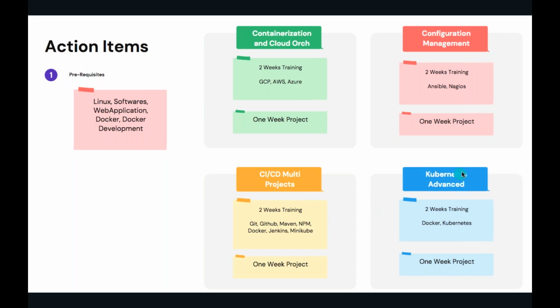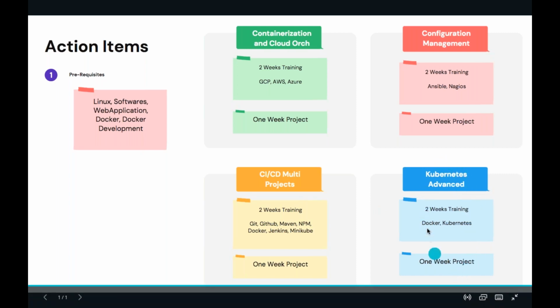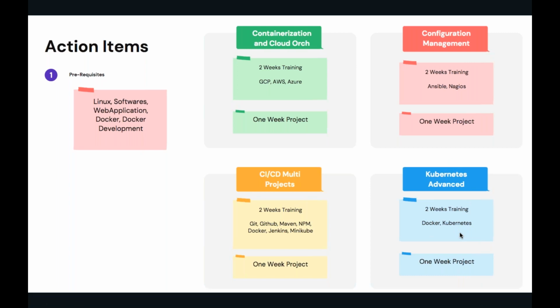And then we have the Kubernetes advanced training. This is all about the problems Kubernetes is trying to solve today. Lots of problems, especially production problems: the server going down, your website going down, and making sure that your website is always up and running. Watch your services, and if any of them go down, restart them.